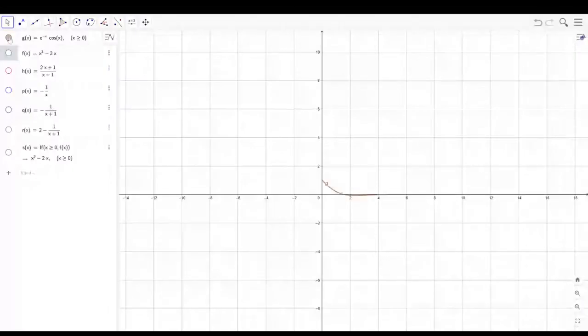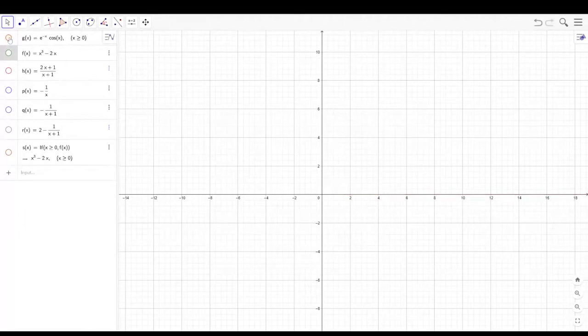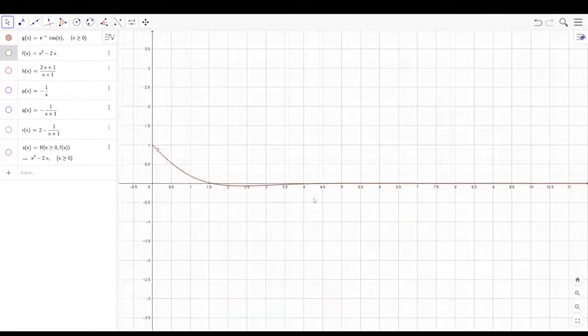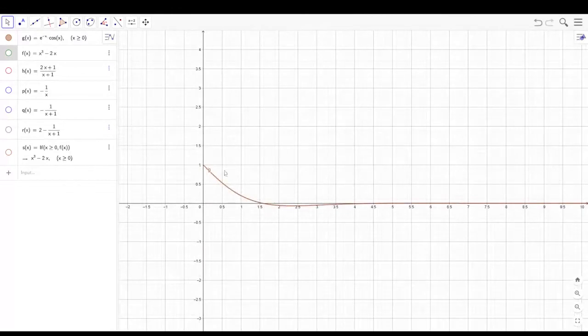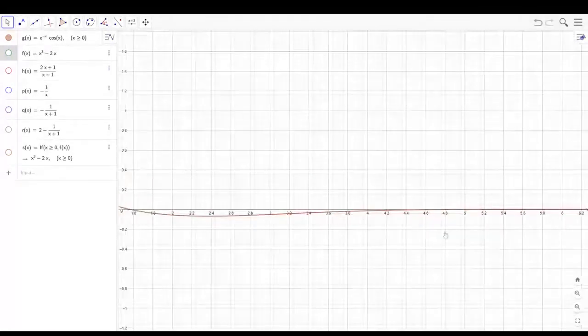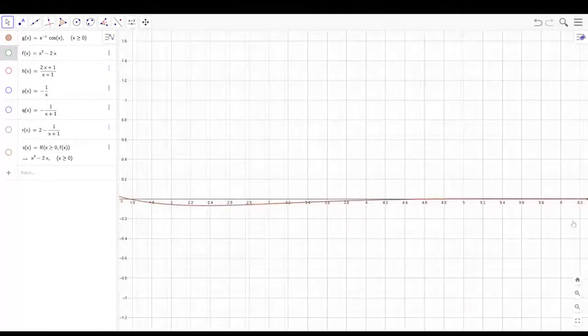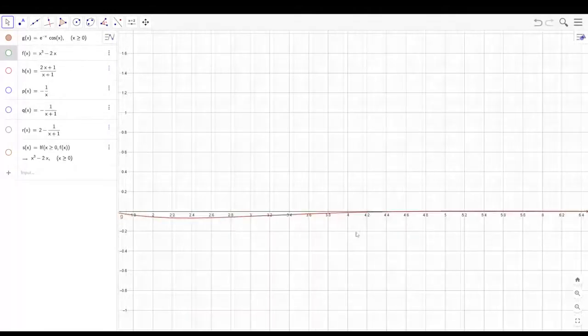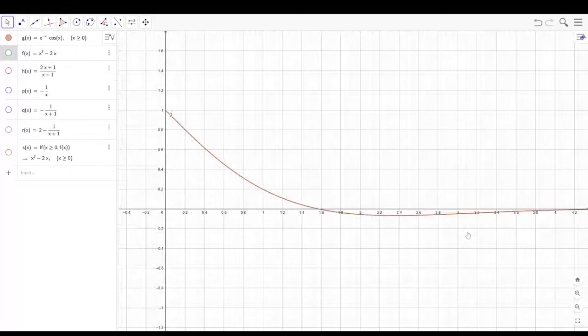Okay, so over here I've got the graph of the function. It's a bit hard to see, but you can see it cuts at y equals 1, and then it's negative and then positive, so it oscillates between positive and negative values.